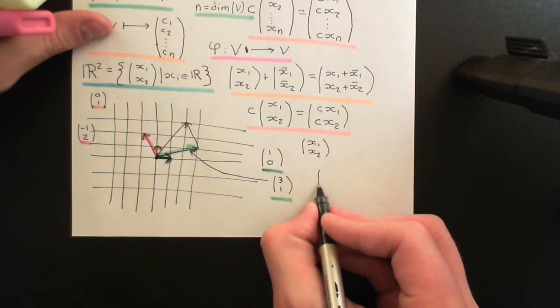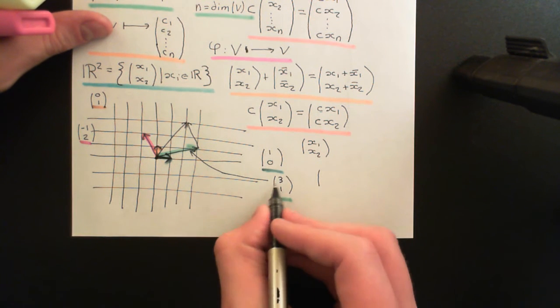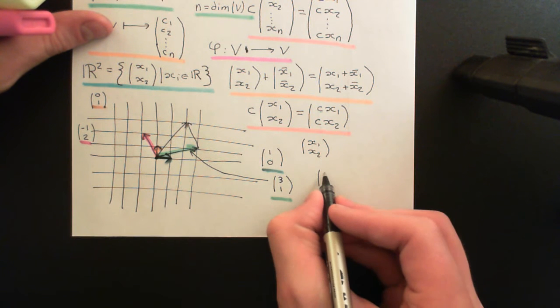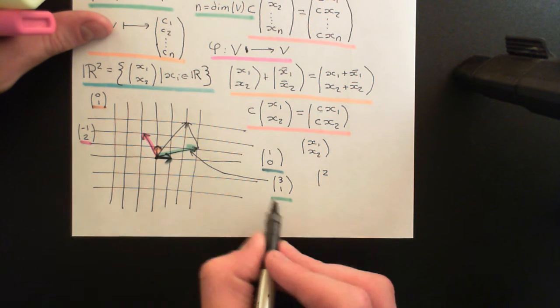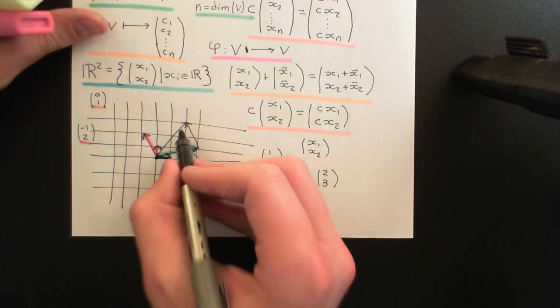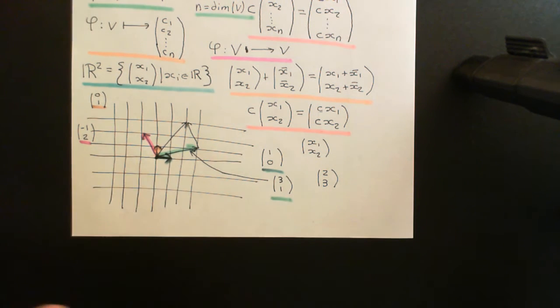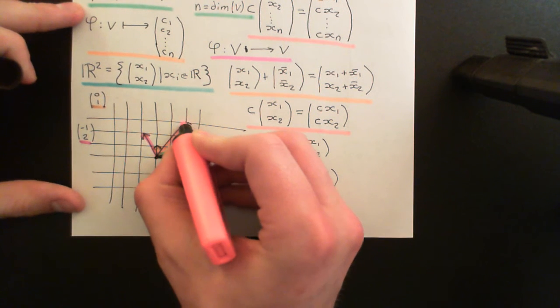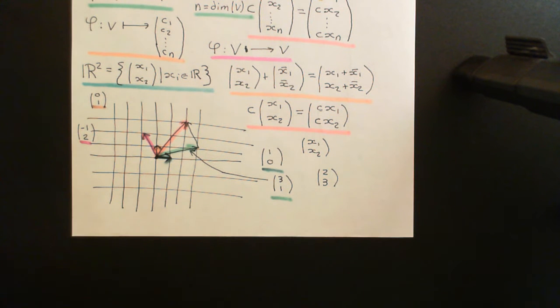So if I add them together in the abstract vector space, of course what I'll end up with is adding 3 to negative 1, so I'll get 2, and then I'll add 1 to 2, so I'll get 3. So the answer here would be 2, 3, and indeed you can see that the answer in terms of the picture here is the position vector that will be associated with 2, 3. Okay, so addition has that very beautiful interpretation in terms of the picture.